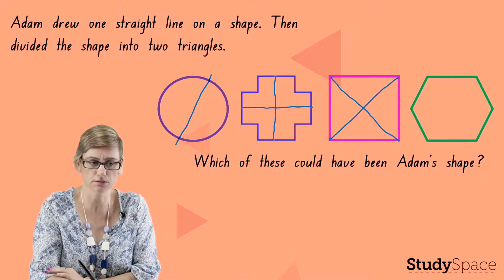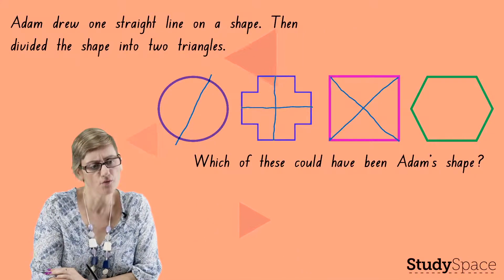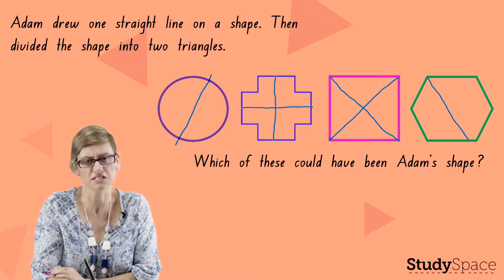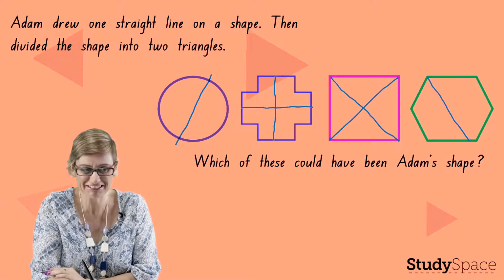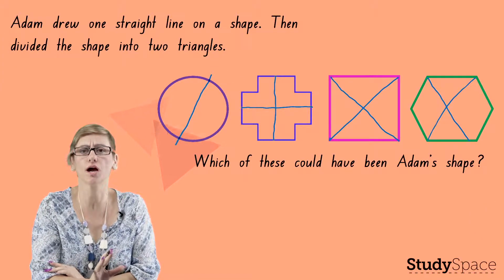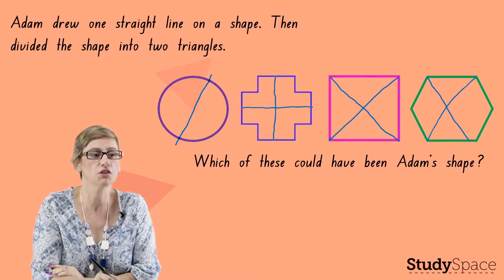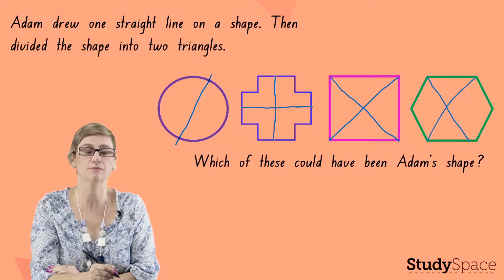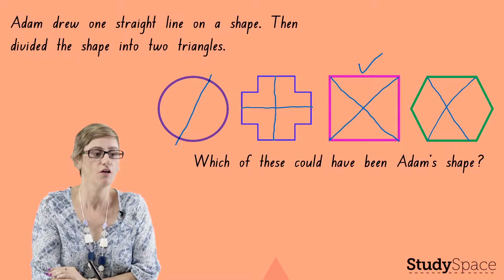Let's check our last one. So if I go from one corner across the middle, that's a bit off, but that's okay. What about this one? If I go the other way? No, so there's no triangle there. So it's definitely the square. So which of these shapes could have been Adam's shape? The square. Let's have a look at our next question, boys and girls.